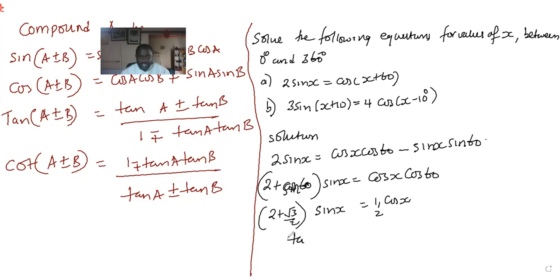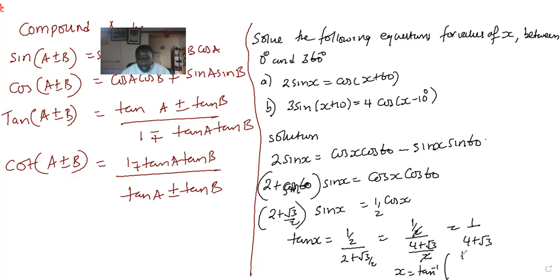When you divide, you get tan of x is equal to a half over 2 plus root 3 over 2, which is a half over 4 plus root 3 over 2, and finally this is 1 over 4 plus root 3. So x is arctan of 1 over 4 plus root 3.